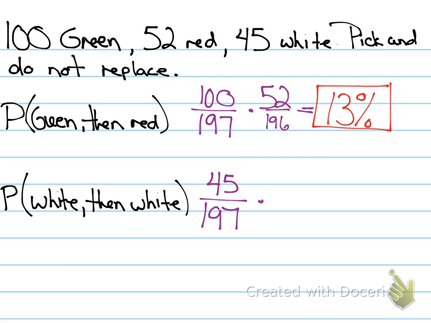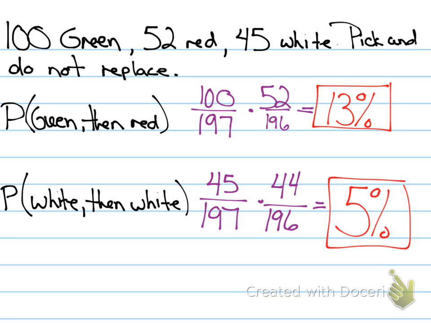Now I have to take one out of my numerator because I picked a white one first, and I'm trying to pick another white one. Same thing if it was a third one: then it would be 43 over 195, and it would just keep going depending on how many gumballs I'm trying to pick out of the machine. Did you get 5%? Yes.